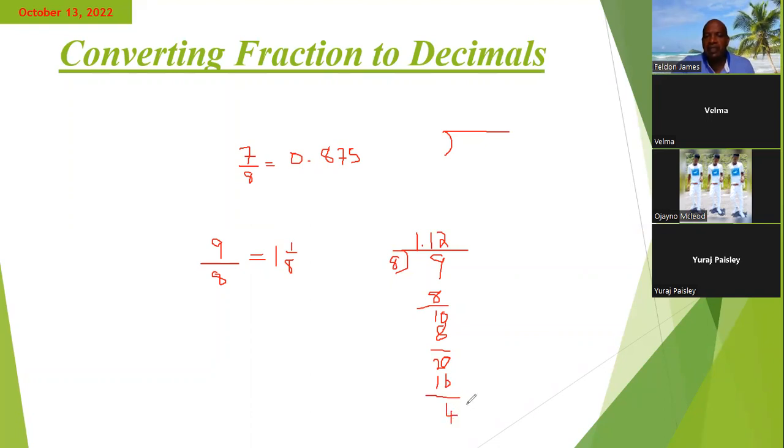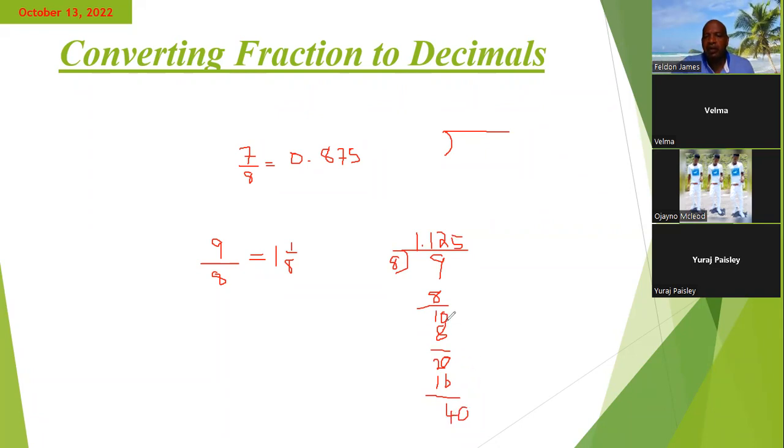Now, can we get 8 out of 4? No, so we add a 0. And then we say 8 into 40 goes 5 times.